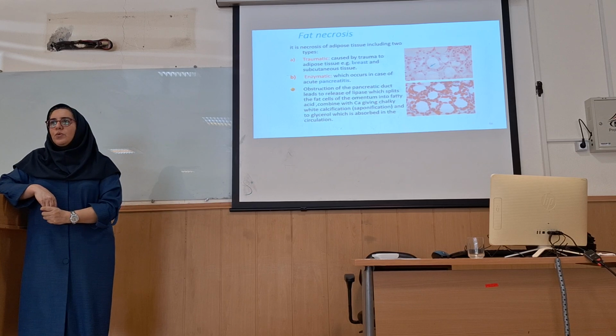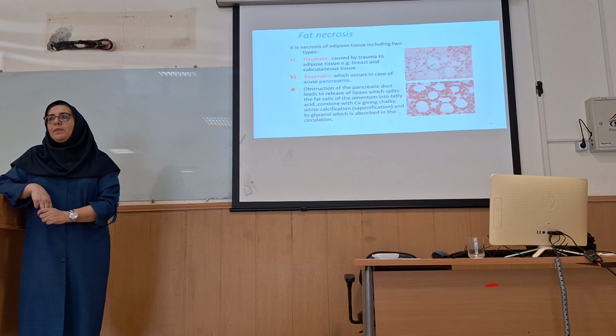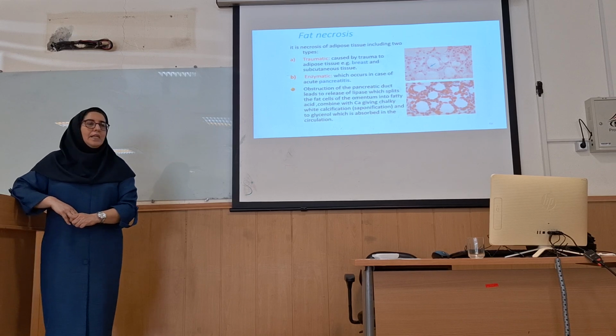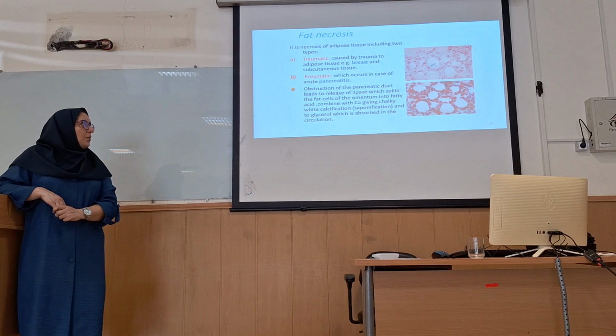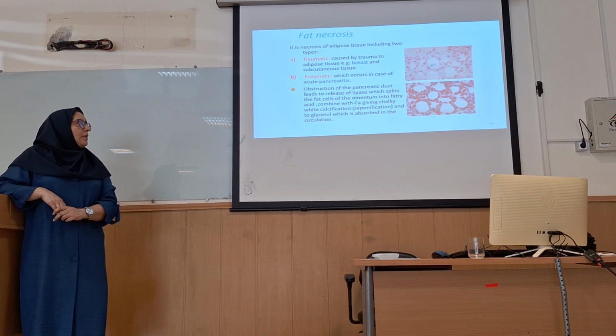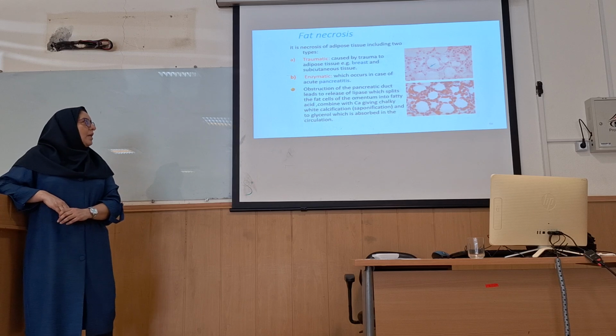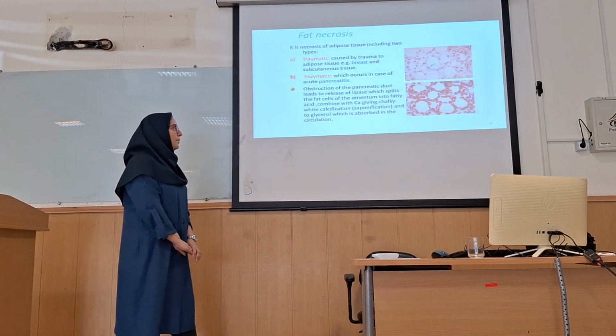And in some situations, enzymatic digestion due to inflammation of pancreas and release of lipase digests fatty tissue, and accumulation of inflammatory cells surrounding necrotic fatty tissue is a hallmark in histologic changes.